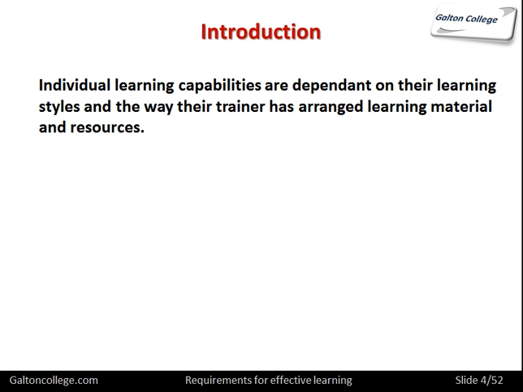It also depends on the trainer and how the learning material and resources are organized and presented. So learning is complex. It's made up from several components, and ideally all of these parts should work correctly and appropriately if learning is going to be achieved efficiently and effectively.